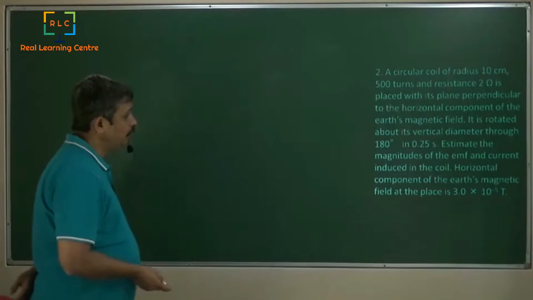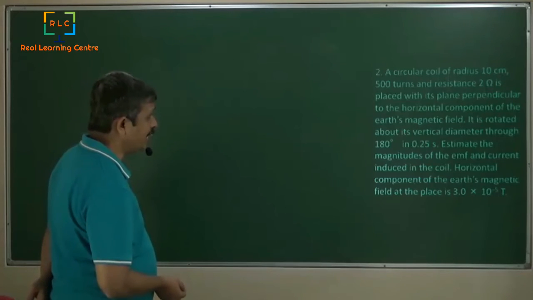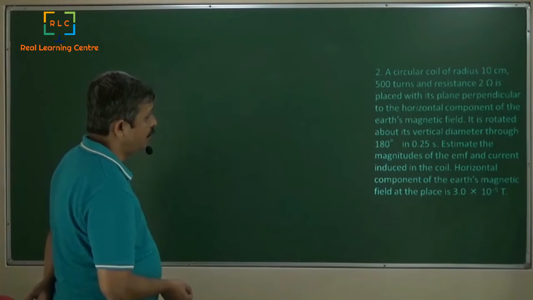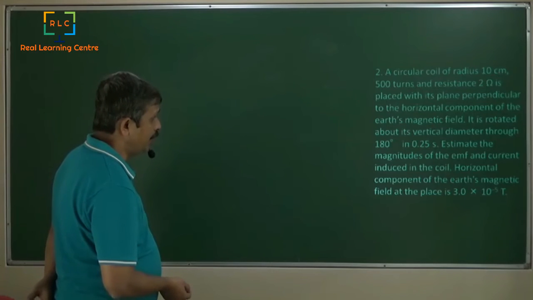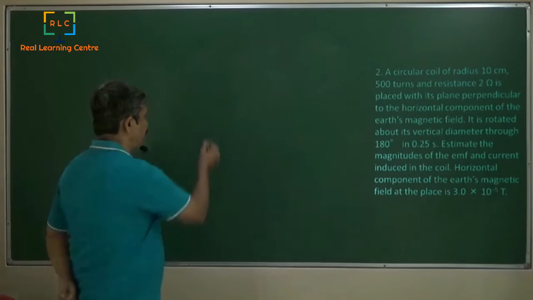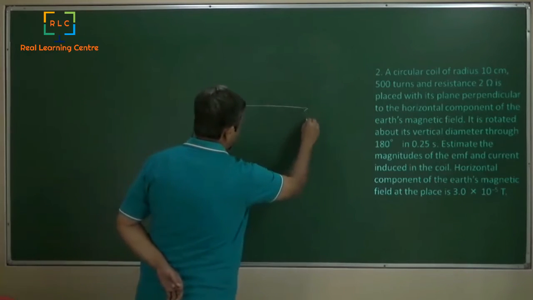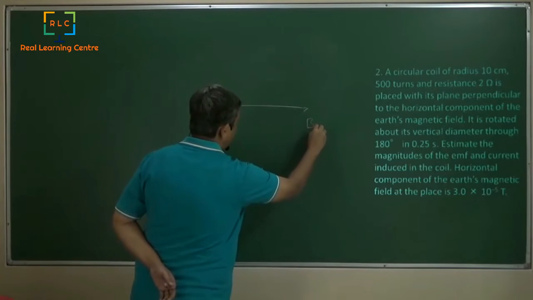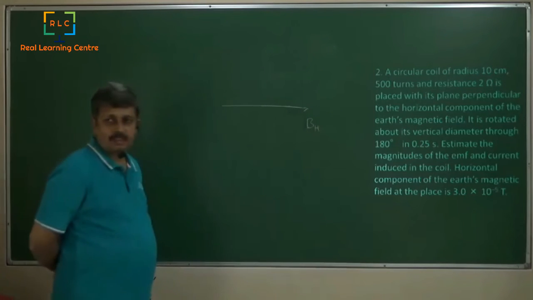So how do I write that? You have the plane perpendicular to the horizontal component of the Earth's magnetic field. Let me write it as BH, Earth's magnetic field.